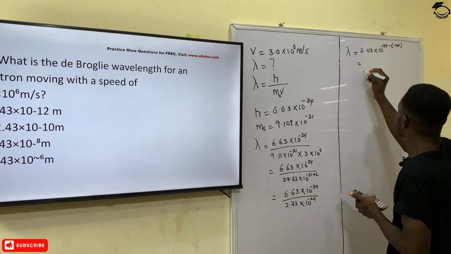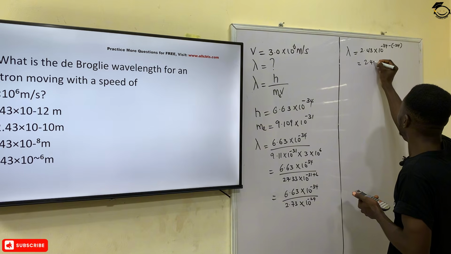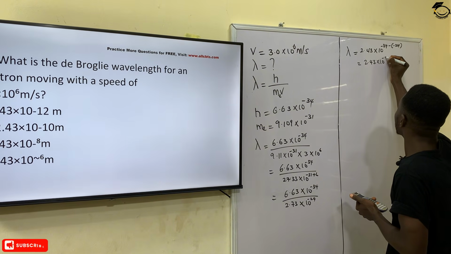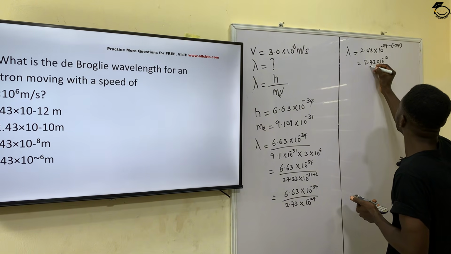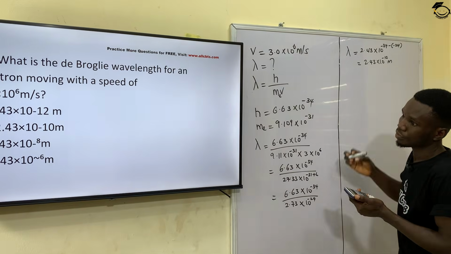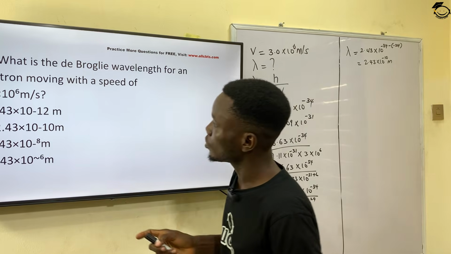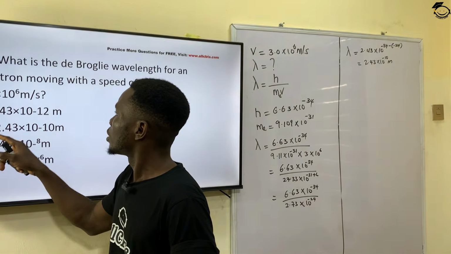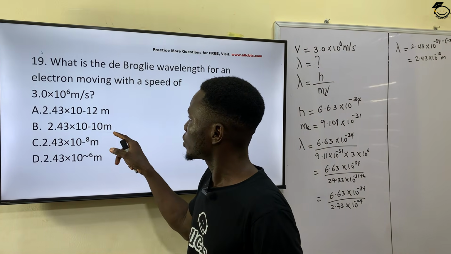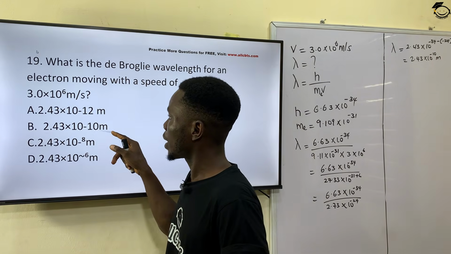So that will give me 2.43 times 10 raised to the power minus 10 meters. Looking at this, our correct answer to this question will be option B, which is 2.43 times 10 raised to the power minus 10 meters.